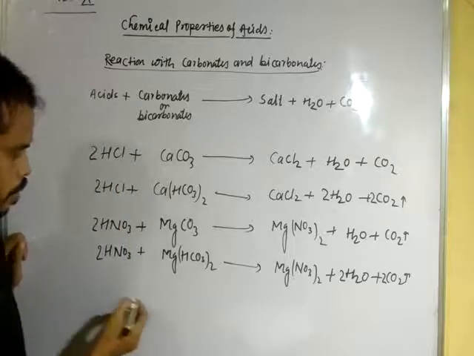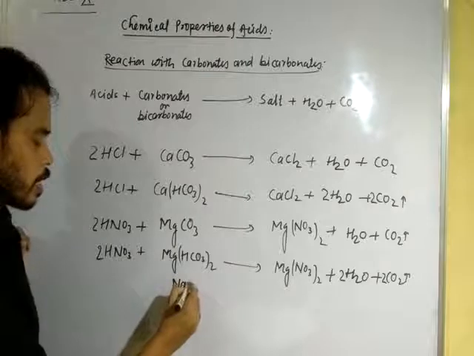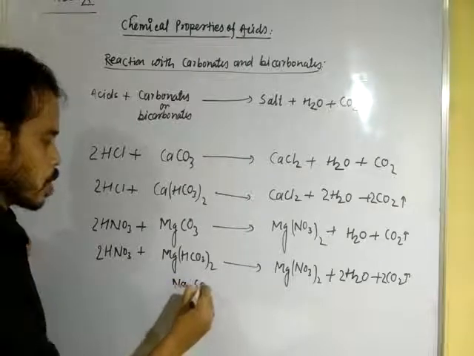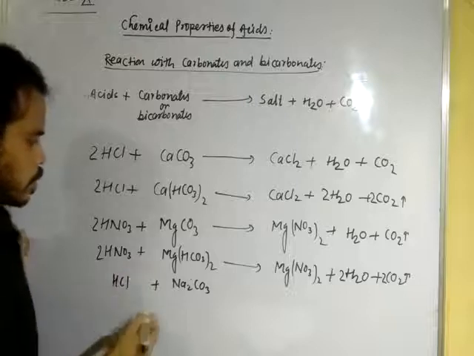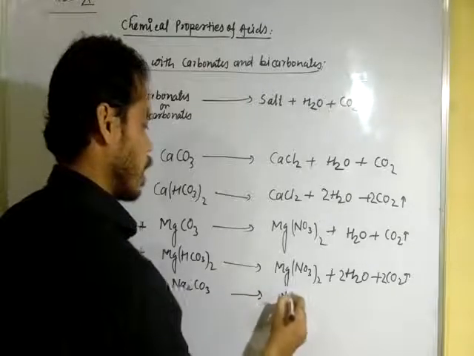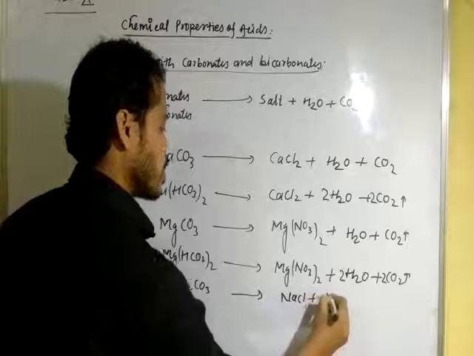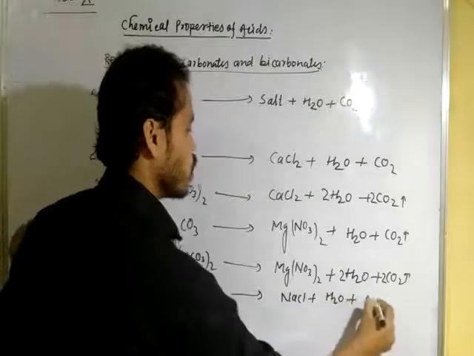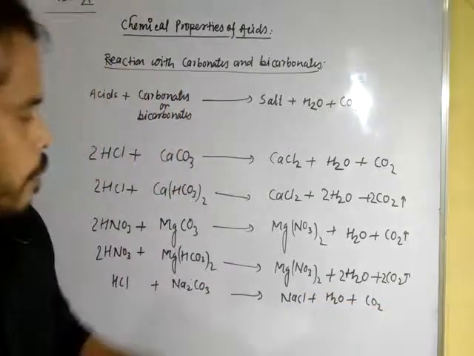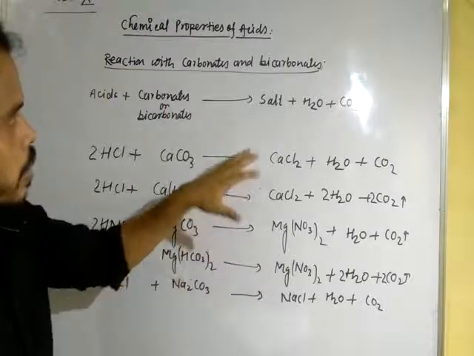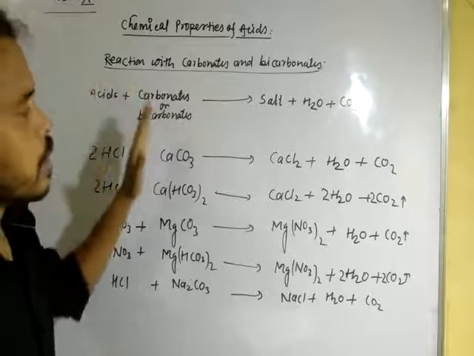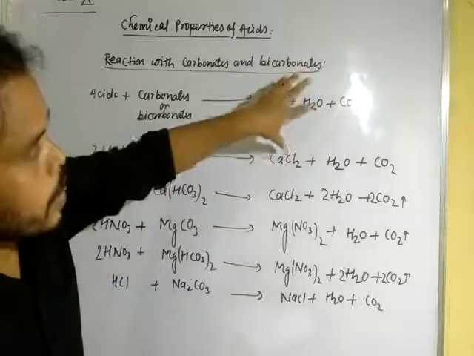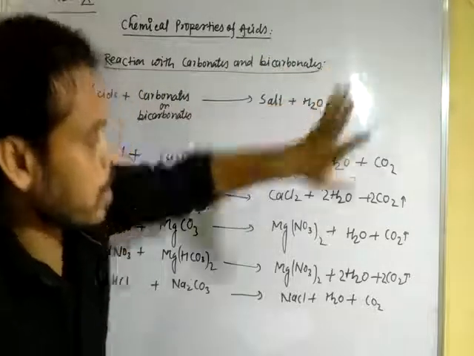If sodium carbonate, Na2CO3, is treated with HCl, it forms sodium chloride, NaCl, plus H2O and CO2. In every case, you can see here, after reacting acid with carbonates or bicarbonates, it always forms salt, water and carbon dioxide.